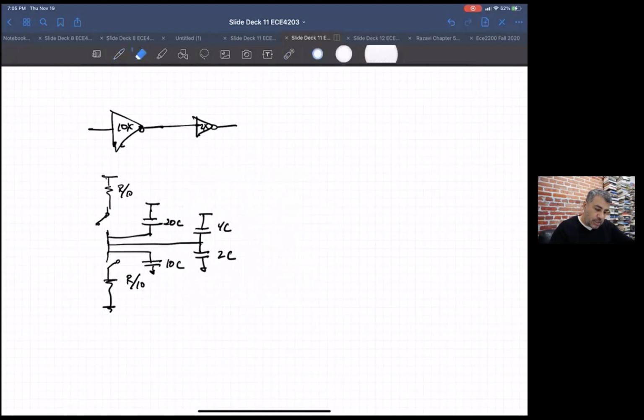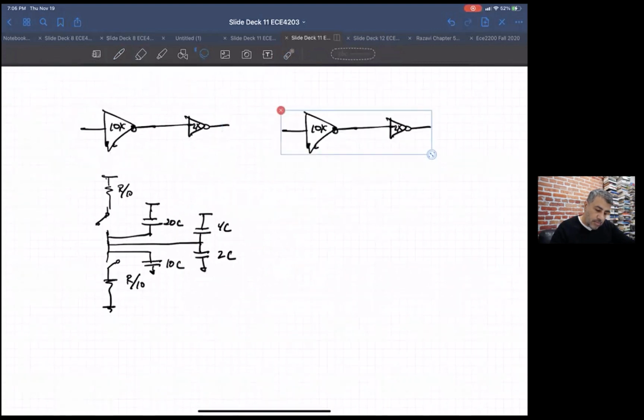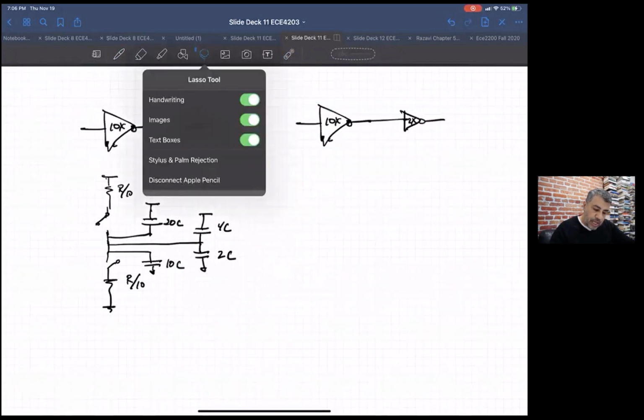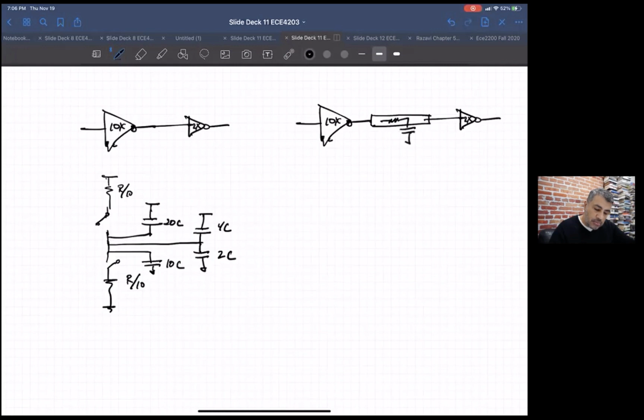Now, if we had an actual situation where, as in real life, you will have some length of wiring here. This would have an RC component.